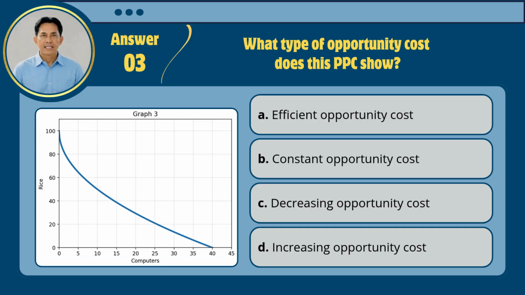The correct answer is C. Decreasing opportunity cost. A bowed-in PPC shows decreasing opportunity cost. This means the economy gives up smaller and smaller amounts of one good as it produces more of the other good.